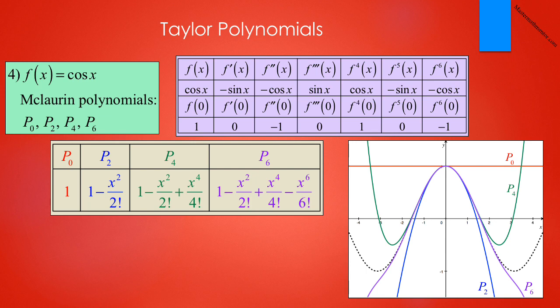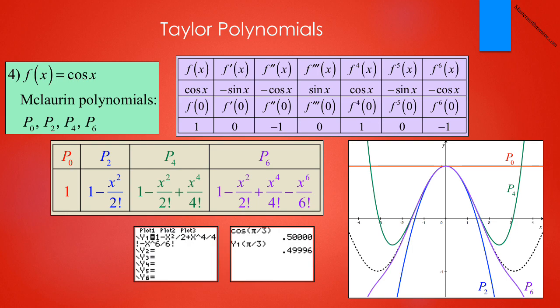Again, we see the graph of cosine x as a black dotted curve, and we also then see P0, P2, P4, and P6. Notice that as our McLaurin polynomial gets higher in degree, our accuracy gets greater further out from 0. Using the calculator, we enter P6 for y1.